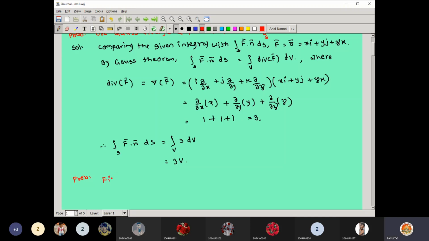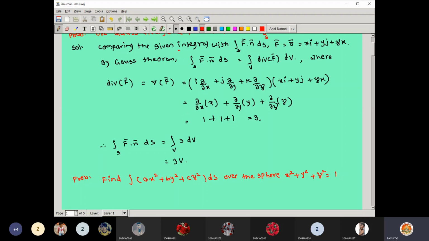Find the integral of ax square plus by square plus cz square ds over the sphere x square plus y square plus z square equal to 1.